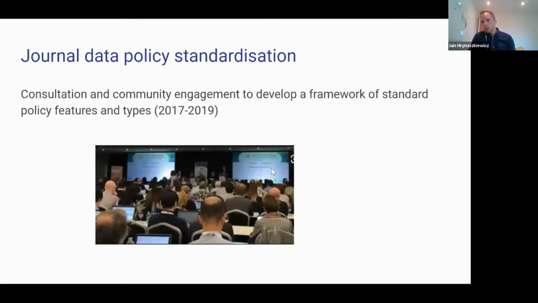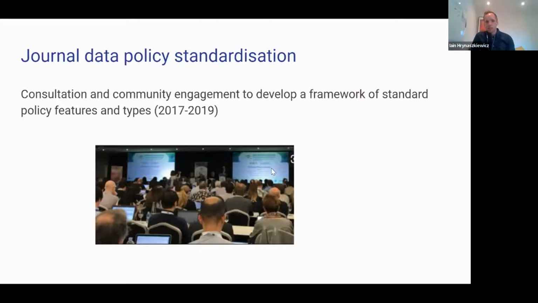Okay, so this group has quite a long name, but essentially it's the data policy group. We've been working on data policy, standardization and harmonization for about 5 years now.